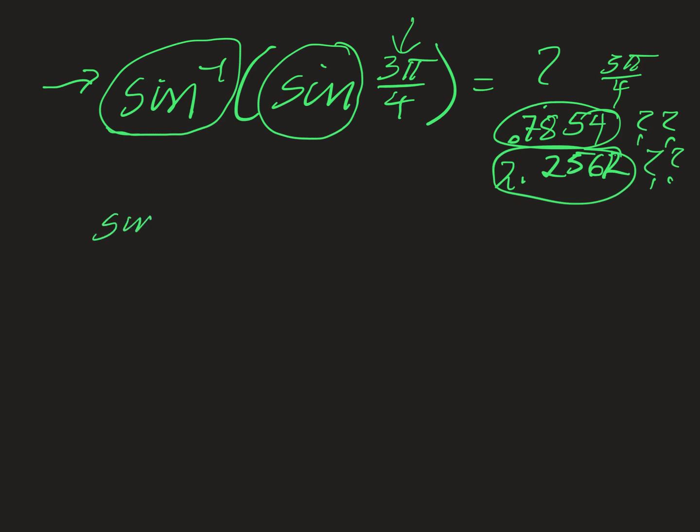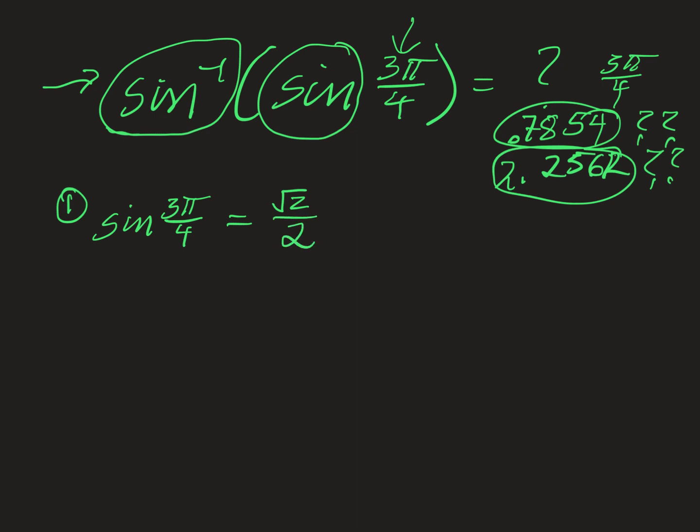So first of all, we ask ourselves, what's the sine of 3 pi over 4? This is sort of our first step. The sine of 3 pi over 4, according to my unit circle or my table, this is a second quadrant angle, and the sine of 3 pi over 4 is positive square root of 2 over 2, okay?